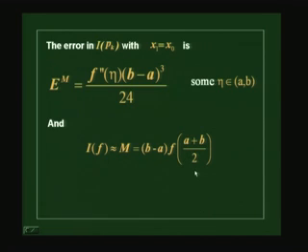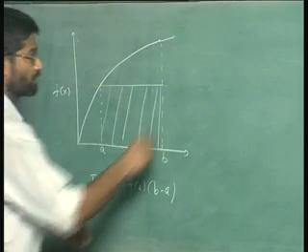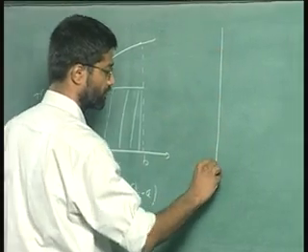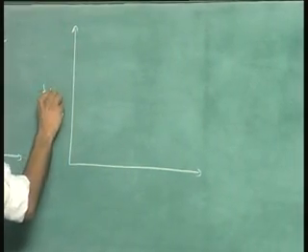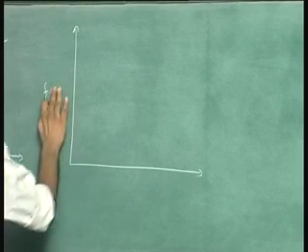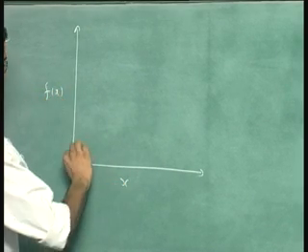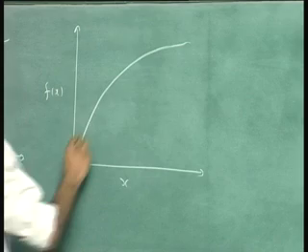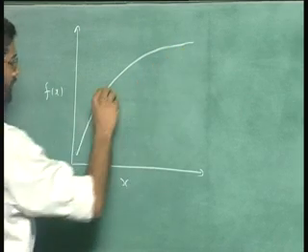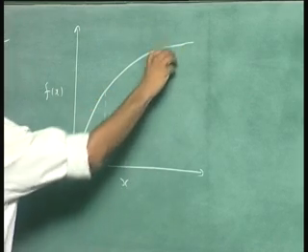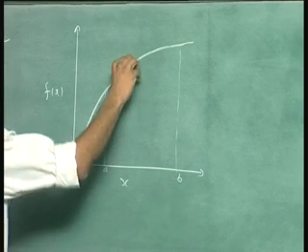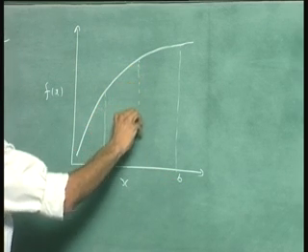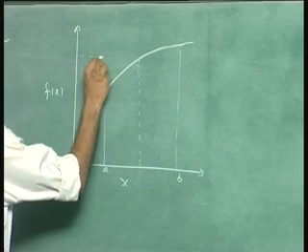Okay, so that is saying that now I will not do this, but instead I have the function f of x versus x, a function like this, and this is the interval which I want to integrate, right? So that is a and that is b, but I will tabulate the function in the middle here, at a plus b by 2.